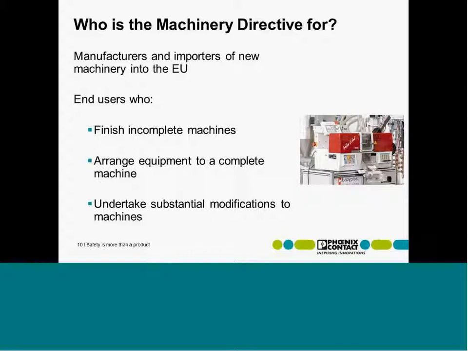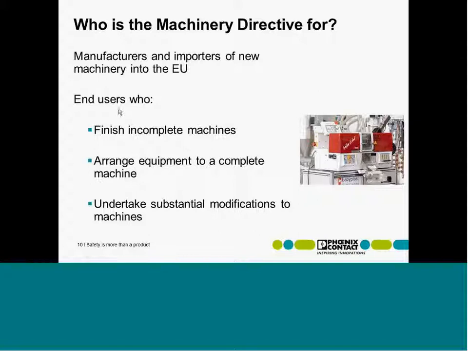Let's imagine that an end user is buying several subcomponents, a motor, for example. The motor will be combined with the tool and a mechanical arrangement around it. And now, in this case, the end user has taken the role of the manufacturer, although he has just fitted 2-3 things together. This might be an example where an end user might become the manufacturer.